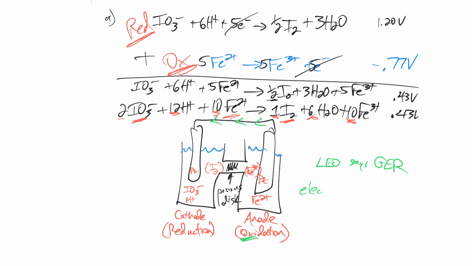Electrons always flow from the anode to the cathode. So whichever side you drew the anode on, the arrow should be pointing away from that side. And that roughly completes our... Oh, and if you wanted to, just as a nice touch, the overall voltage, 0.43.